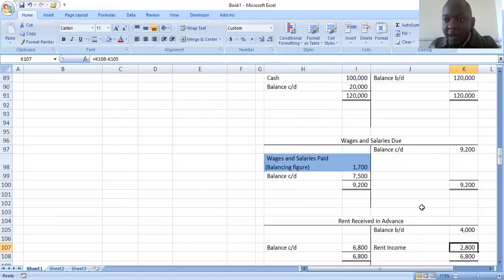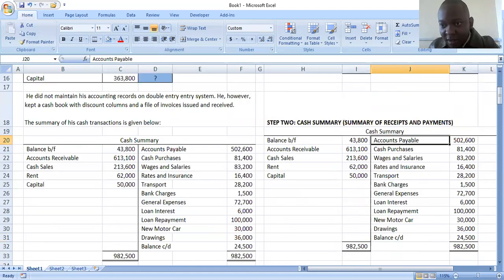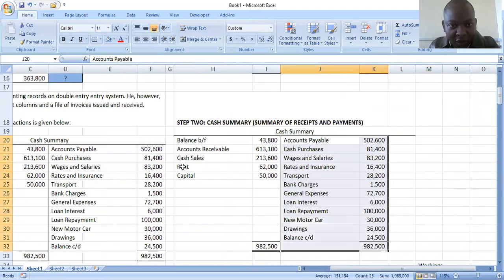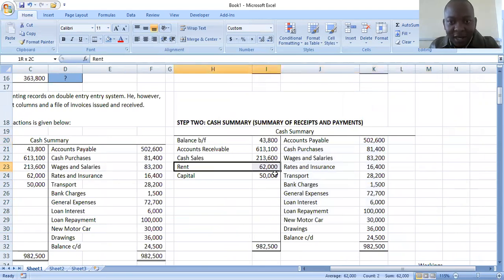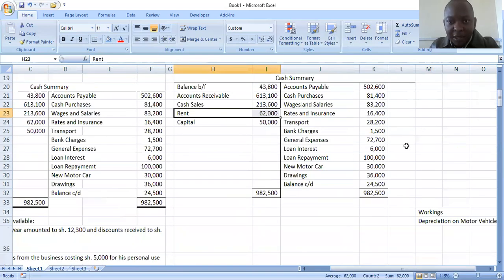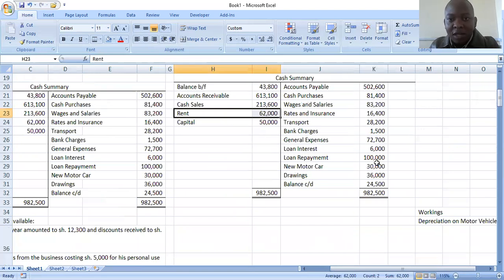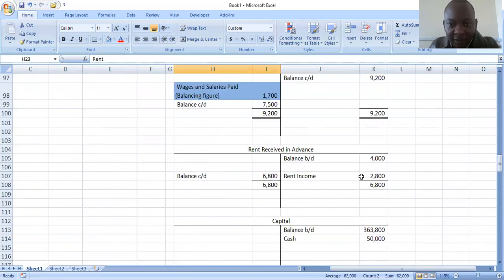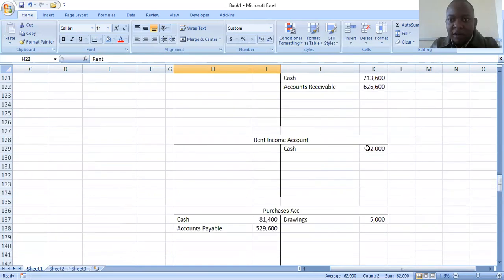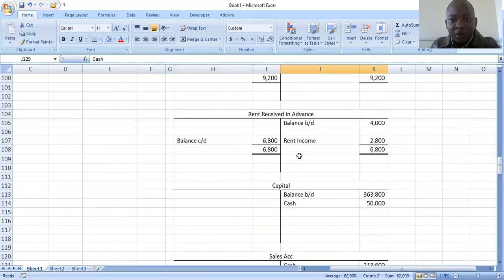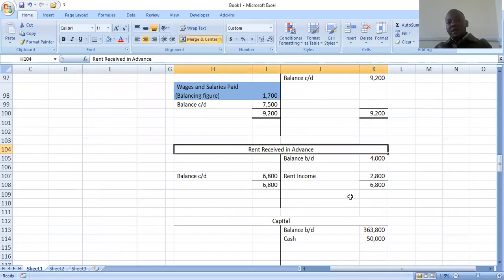So as you can see in our cash book, we don't have any rent received in advance. So this amount must have gone in as rent received. But part of it, the 2,800, is prepaid. It ought not to have gone to the rent income account as I did it here. It should have gone to the rent received in advance account. Sawa sawa.